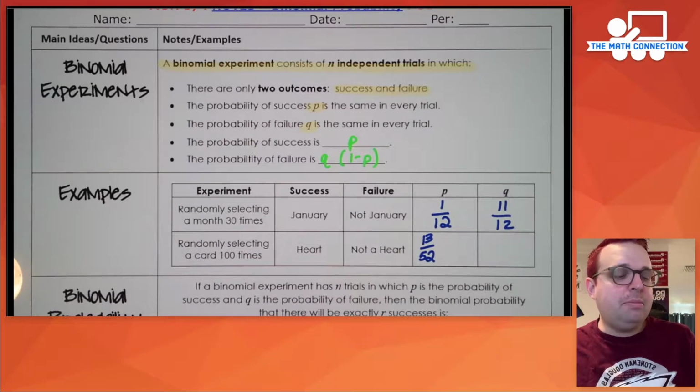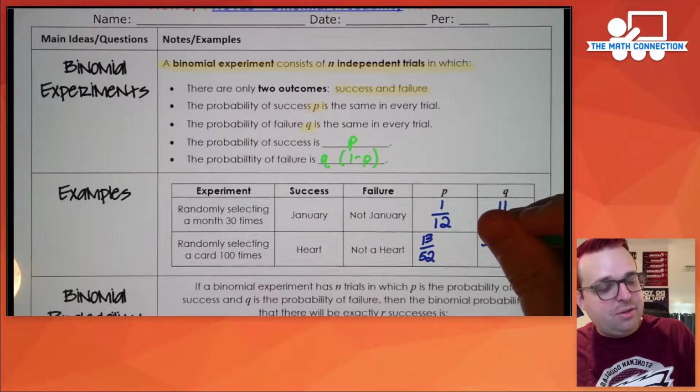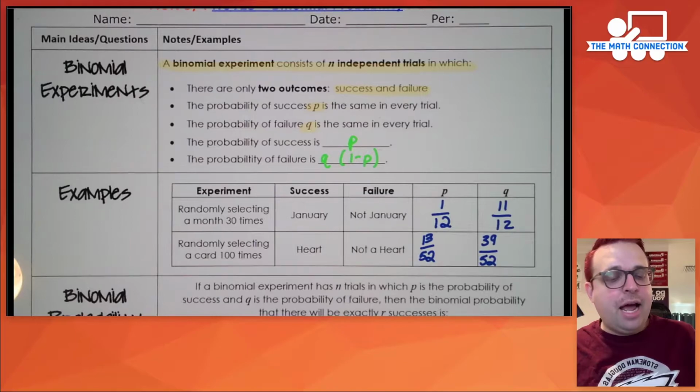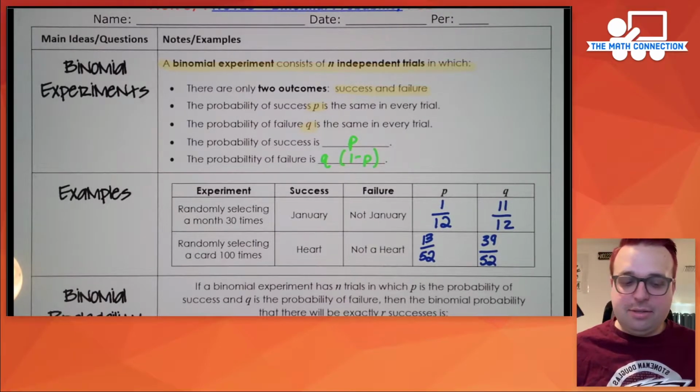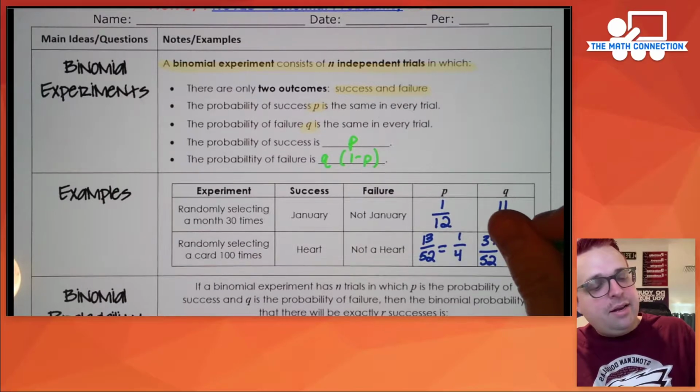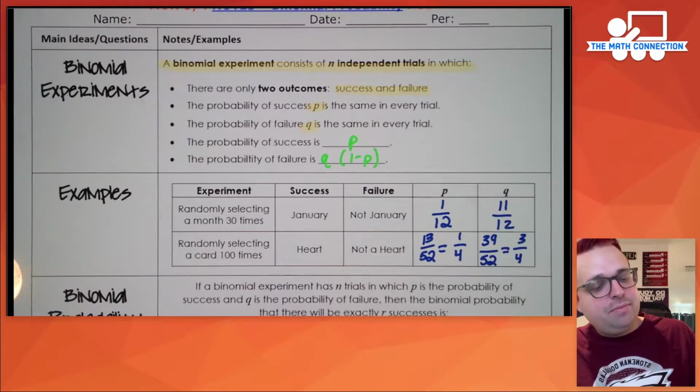And the probability of failure would be anything else, which is going to be 39 out of 52, because there are 39 cards that are not hearts. Now, I'm pretty sure that these reduce because there are 4 suits, so it should be 1/4, yeah. So this is actually 1 out of 4, and then that would make this one 3 out of 4.